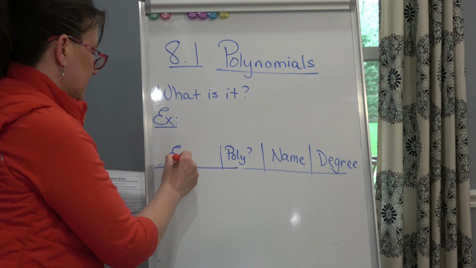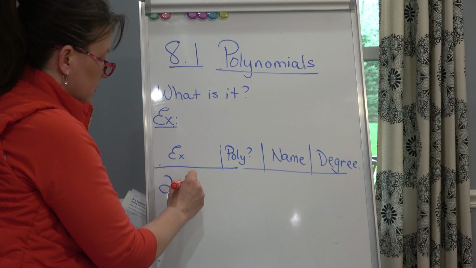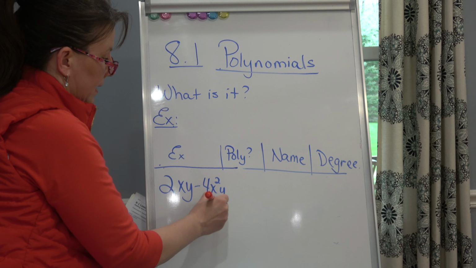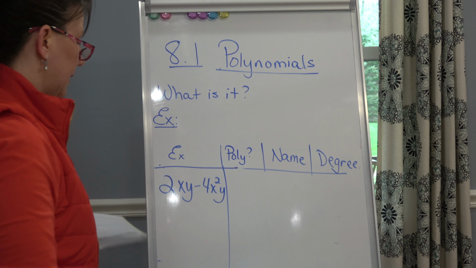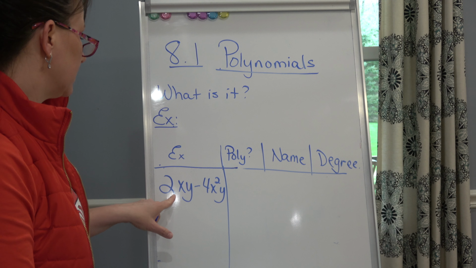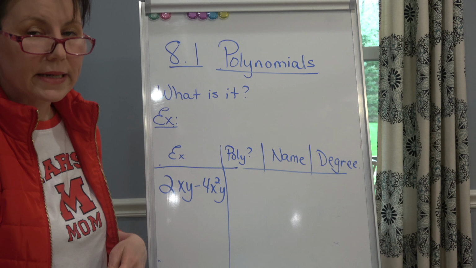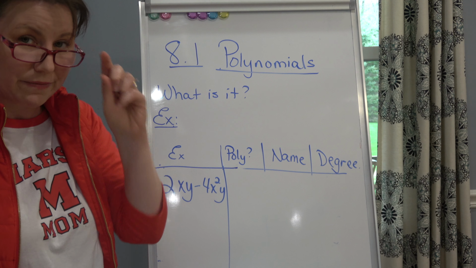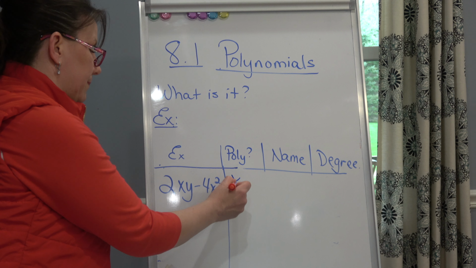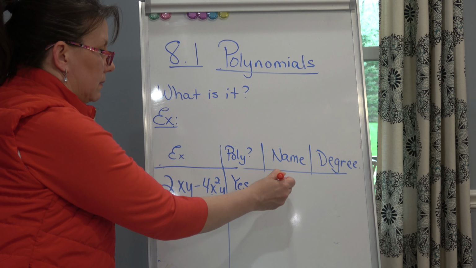So let's say we had 2xy minus 4x squared y. Technically this is a polynomial because it's a sum of monomials. A monomial is a number, a variable, or a product of numbers and variables where you don't have negative exponents. And so, yes, it's a polynomial. It has two terms, so that would be binomial.